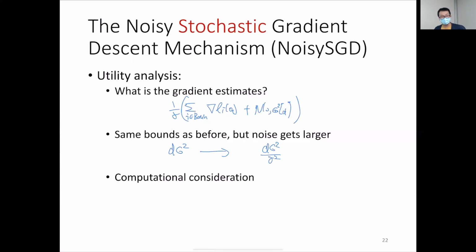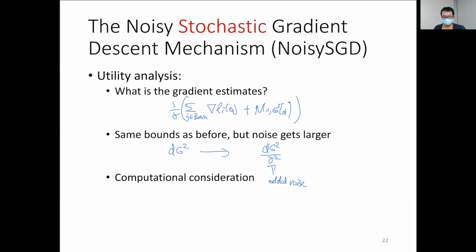This is the part of the noise that's coming from our Gaussian mechanism. So this is our added noise, but that's not the only source of noise. There's also noise coming from the random sampling of the mini batch, right?